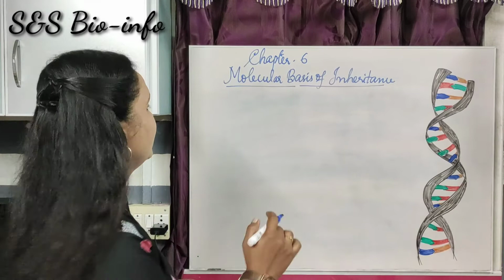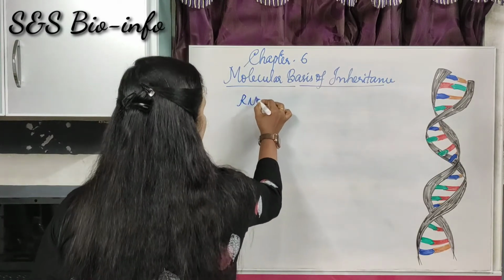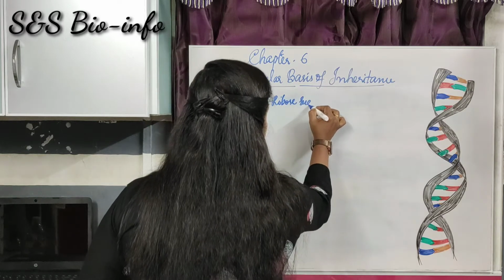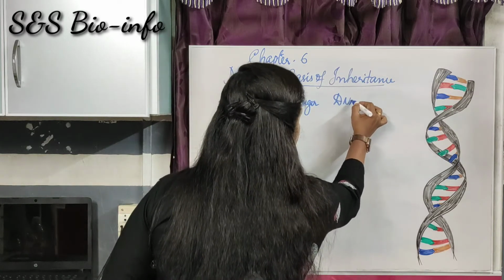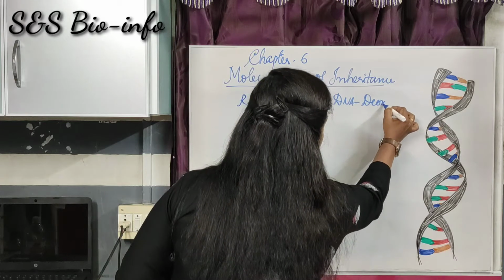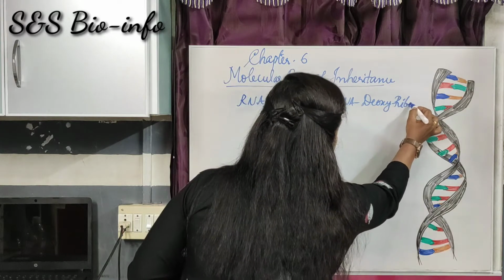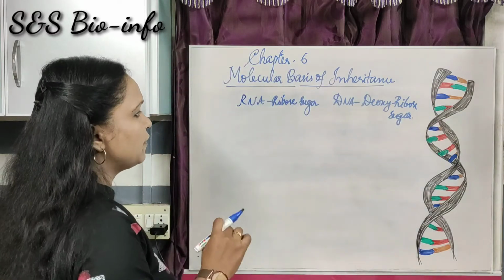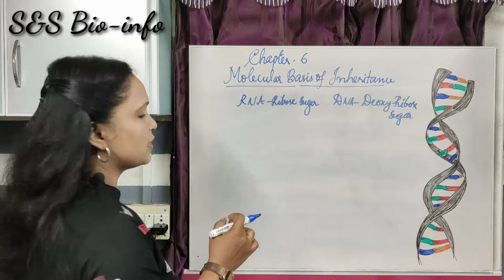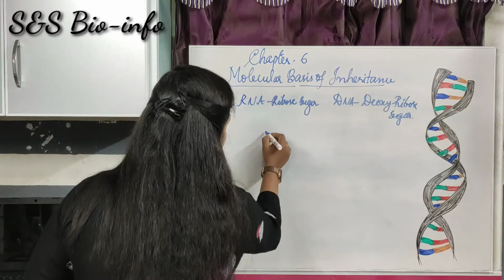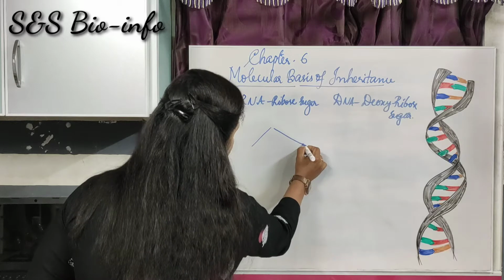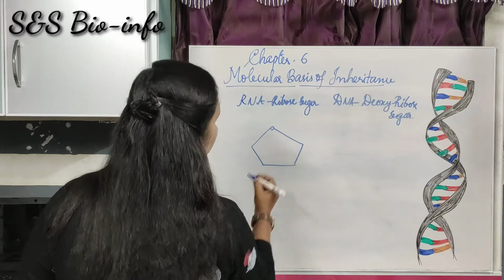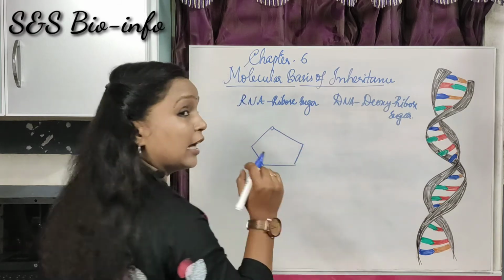I have told you that the RNA has ribose sugar, while the DNA has deoxyribose sugar. There is a slight difference in the structure of these 2 sugars. The ribose sugar is a pentose sugar with an oxygen molecule. It has 5 carbon atoms.